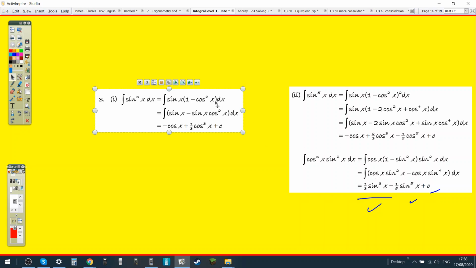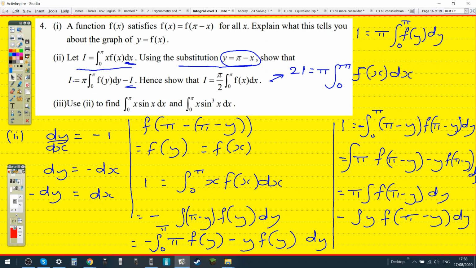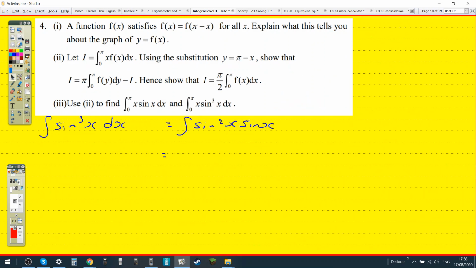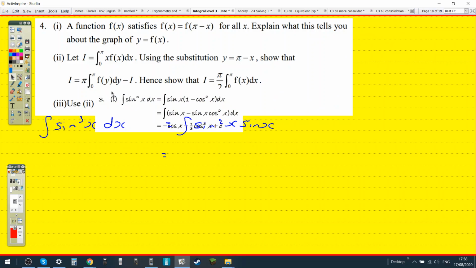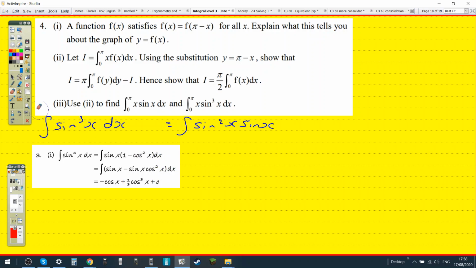Or part 3. Yeah, because I copied and pasted them out of order. Okay, so the integral of that is that. That makes life easier. And then you just have to do pi over 2 and solve it, basically.